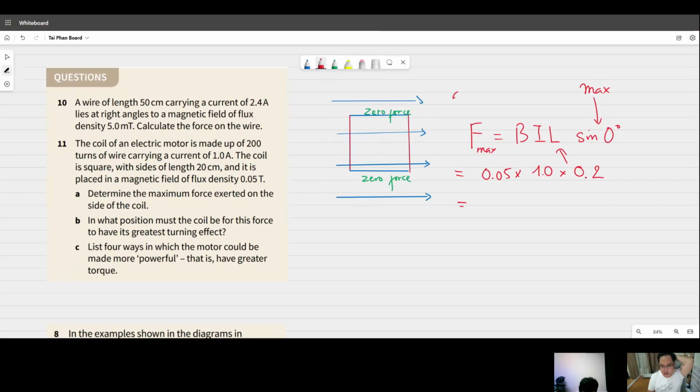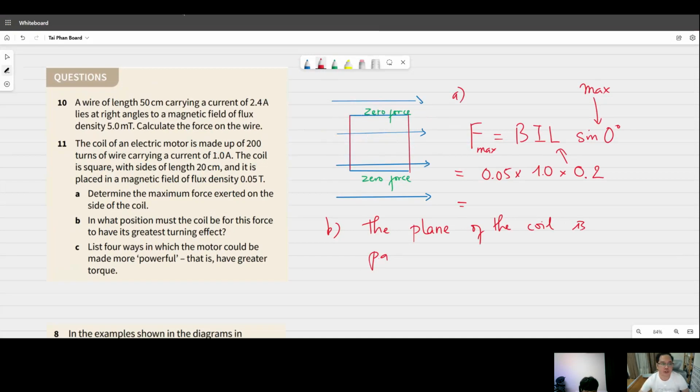That is question A. Question B: in what position must the coil be for this force to have the greatest turning effect? The plane of the frame, the coil, must be parallel to the magnetic field lines. Shouldn't it be perpendicular?